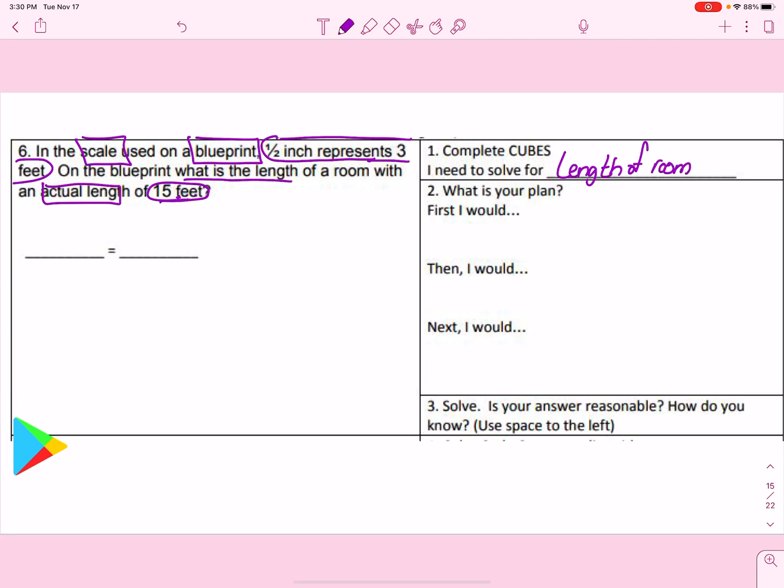It gives us feet, which means it's asking us for inches. So when we're thinking about the comparisons of a drawing of a blueprint and a real house, inches is going to be the blueprint. So the length of the room on the blueprint.